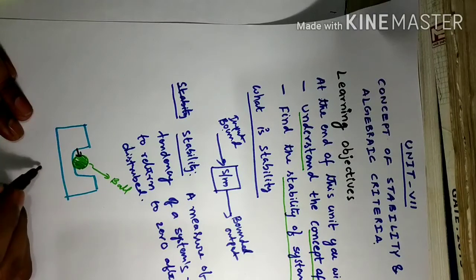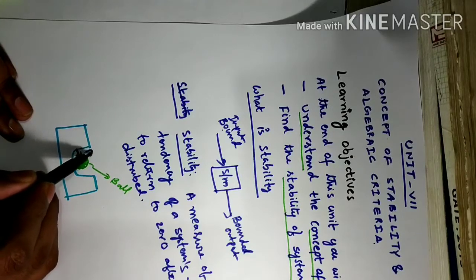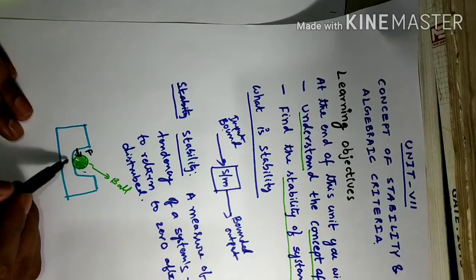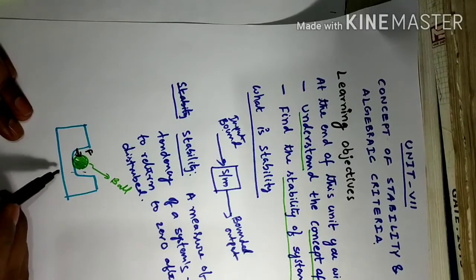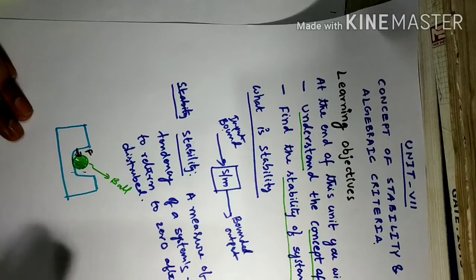So what happened after some time when you apply force on this? The ball will oscillate, and due to friction it eventually comes to rest back at the equilibrium position. This is a stable system.